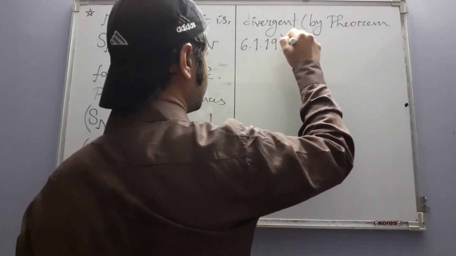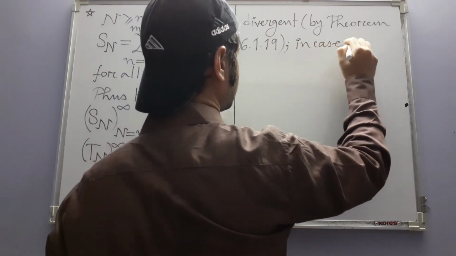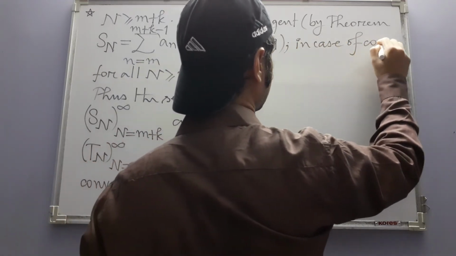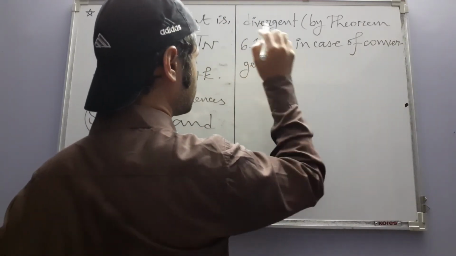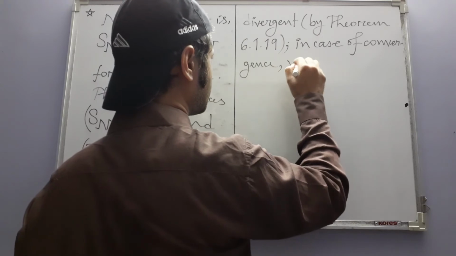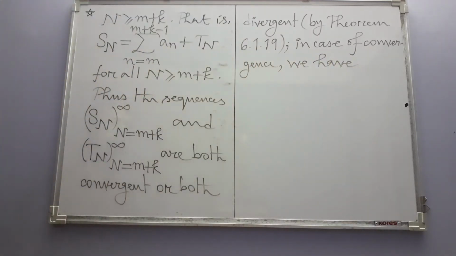In case of convergence, we can take limit on both sides.